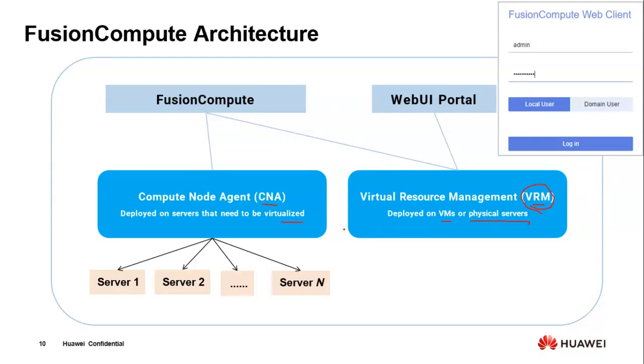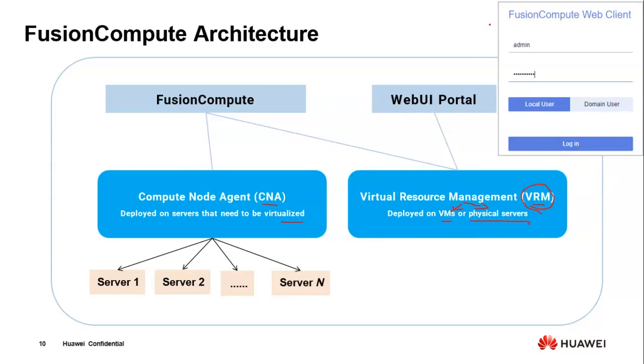On the servers, you mean physical servers. Specifically, if you have your data center, in your data center you will have a lot of servers. These servers are actually borrowed by users.